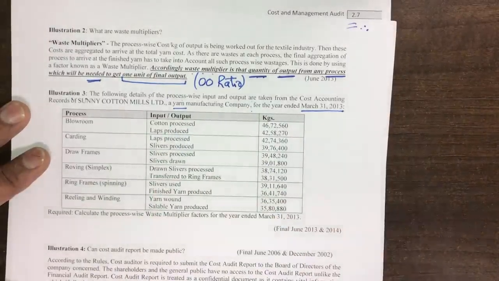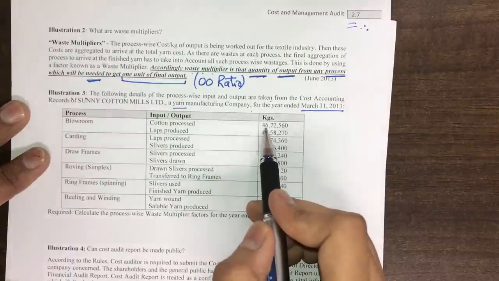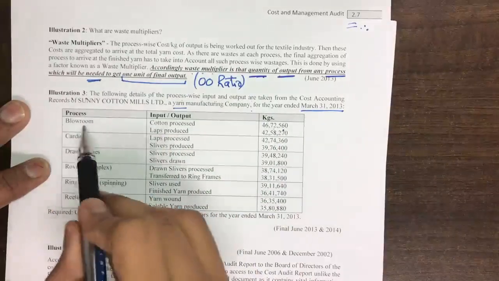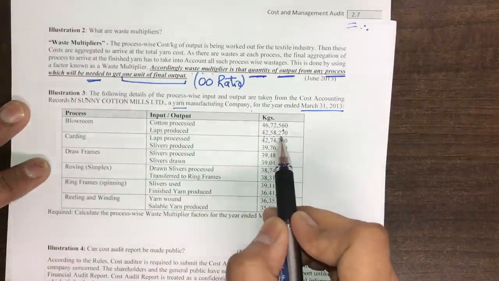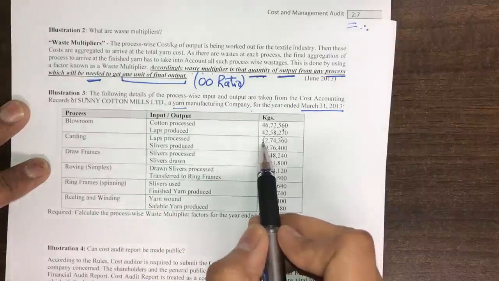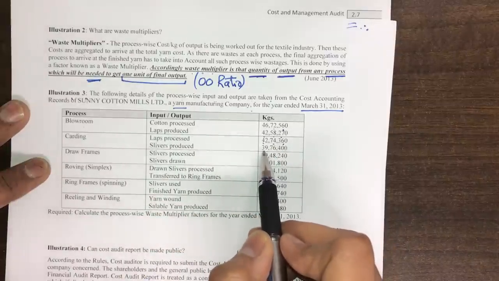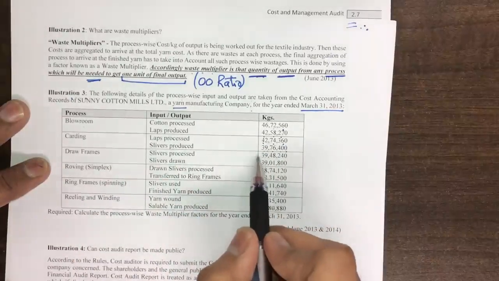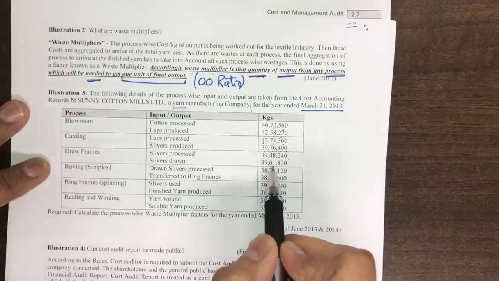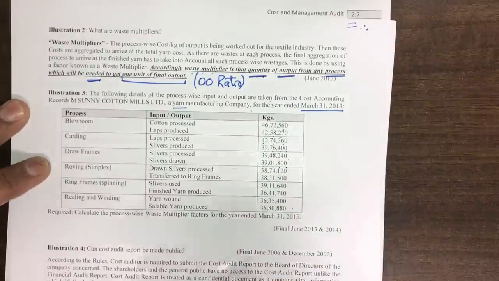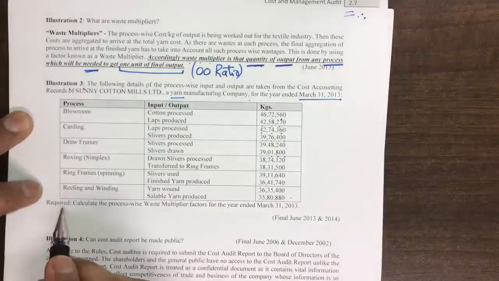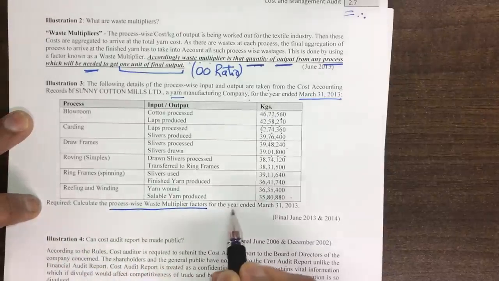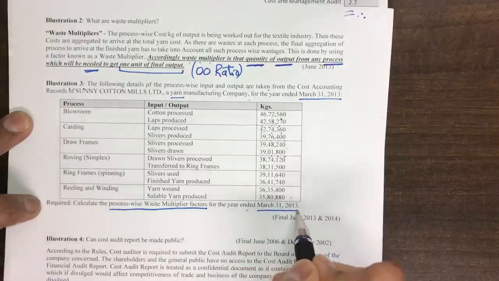So an input of 46,72,560 kgs will yield an output of the first process as 42,58,270. Then an input of 42,74,360 will yield an output of 39,76,400. Input of 39,48,250 will yield an output of 39,01,800. So on and so forth. The ask is to calculate the process-wise waste multiplier factors for the year ended 31st March 2013.